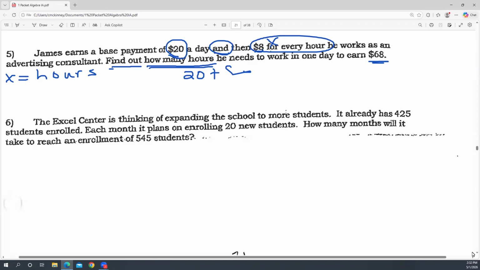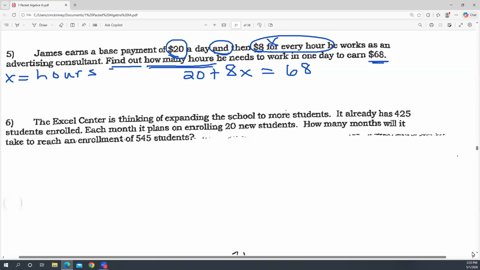So 20 just for showing up, I guess. That's what they mean by base pay, is just for showing up. And then is equal to 68. And then we again have a 2-step equation.